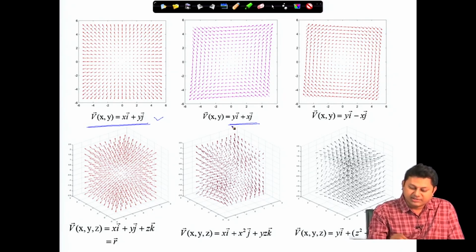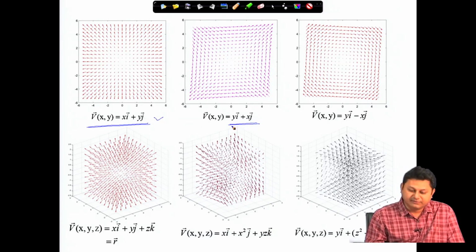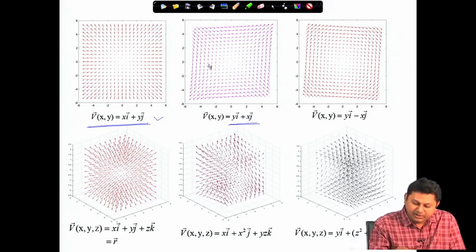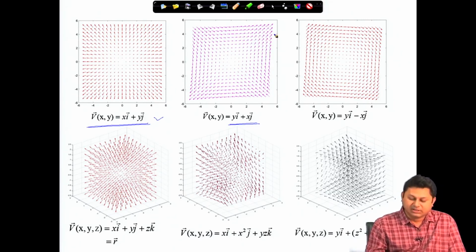So you can see how it is changing, the vector field is completely different. It shows that at every point we have a vector and the direction of the vector is mentioned. That is why it is forming a vector field here in 2 dimensions. In order to understand this, we make it 2 dimensional.